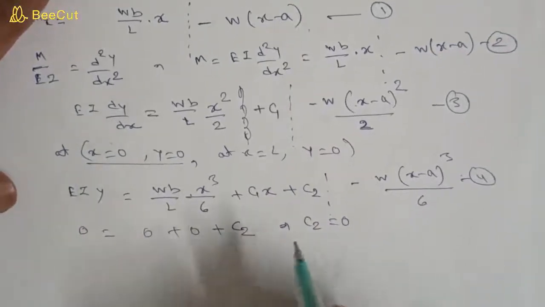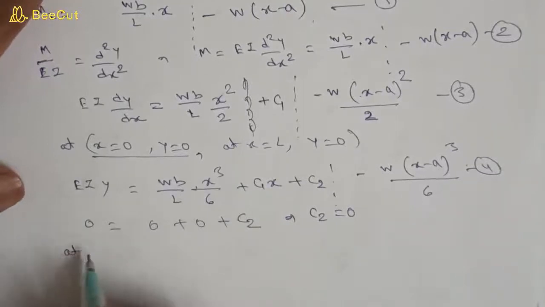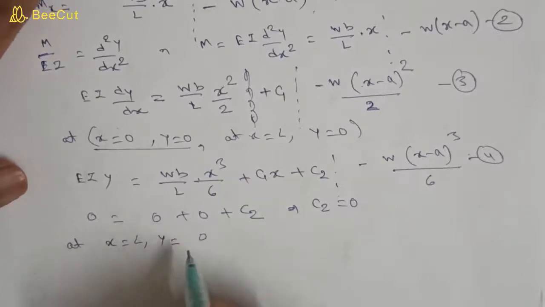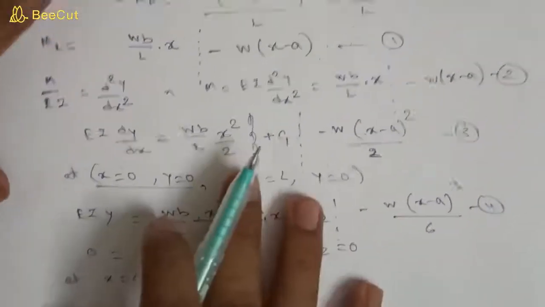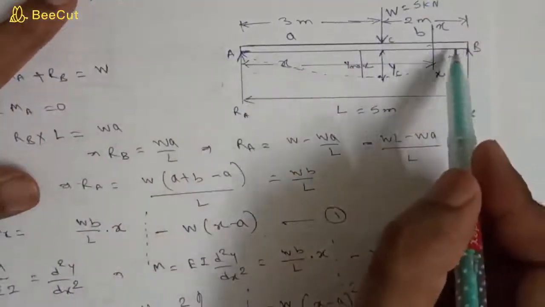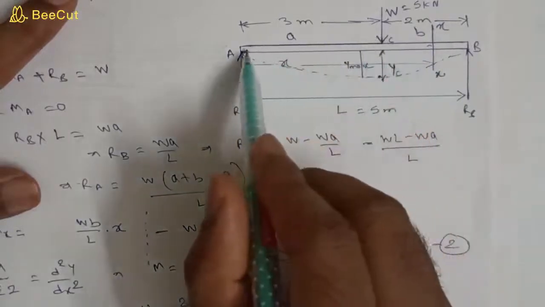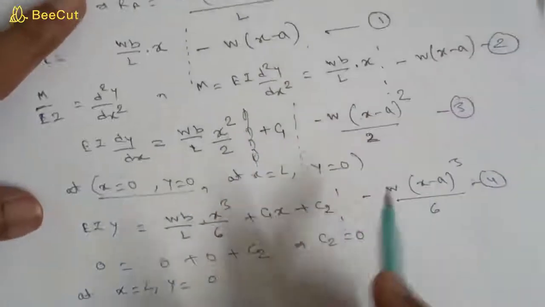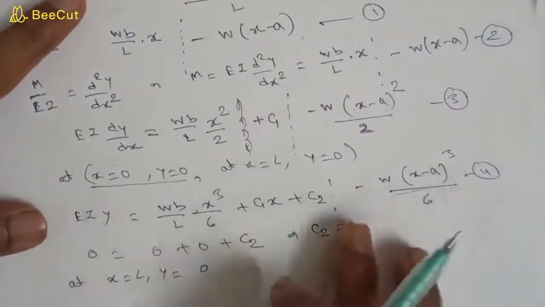Okay, now we will put x is equal to L, y is equal to 0. So in this condition x is equal to L, this load W is also coming into the picture, so we have to put it in the equation for the whole beam. So we will take up to here.